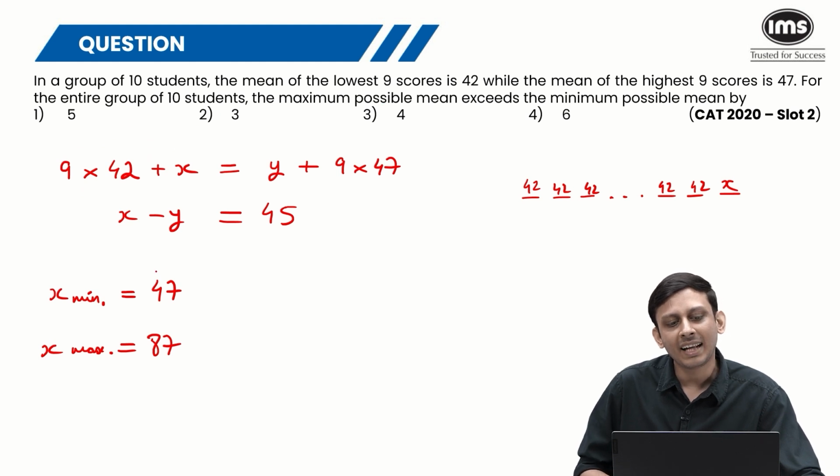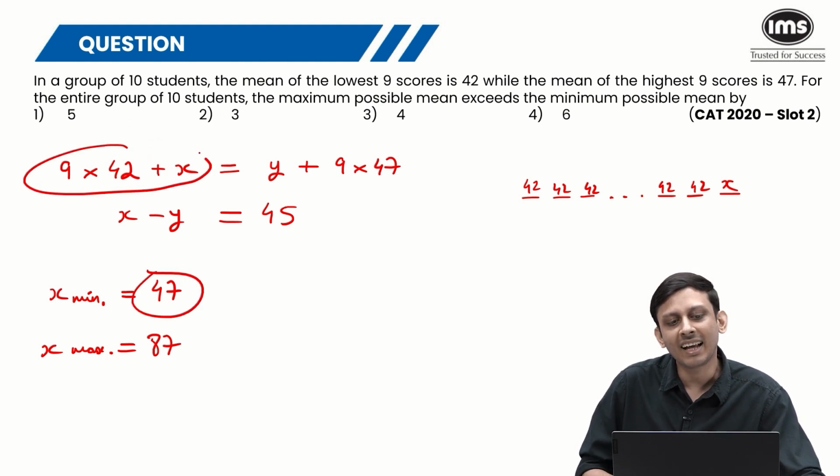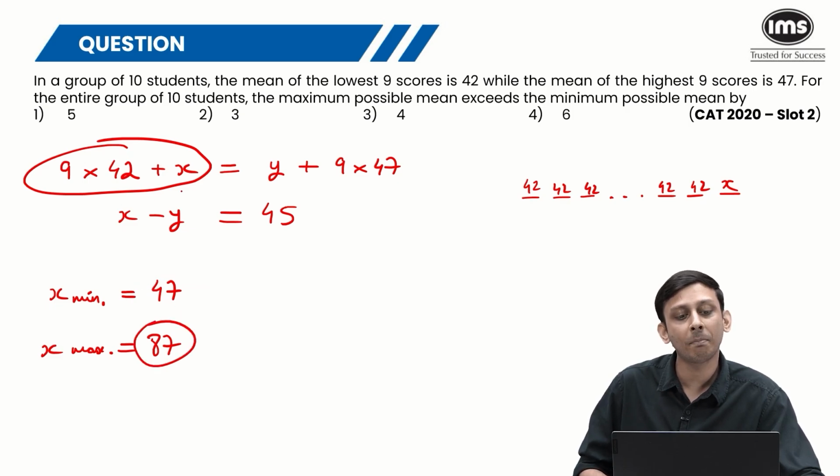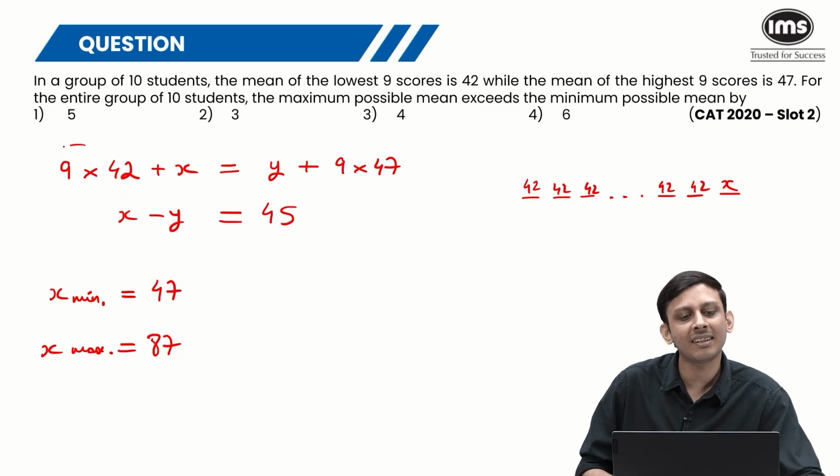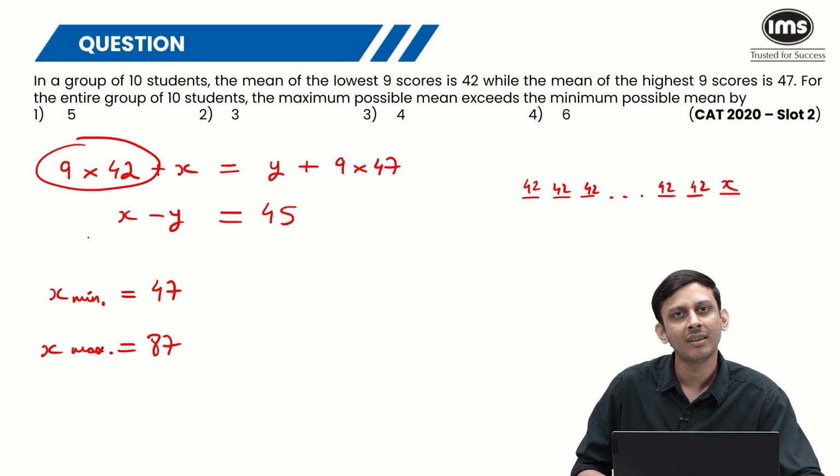Now see, when x is 47, we will get this entire thing, 9 into 42 plus 47 divided by 10. And here 9 into 42 plus 87 divided by 10. See, in both cases, we will get 9 into 42 by 10 as a part of the overall. So that difference will just be 0.